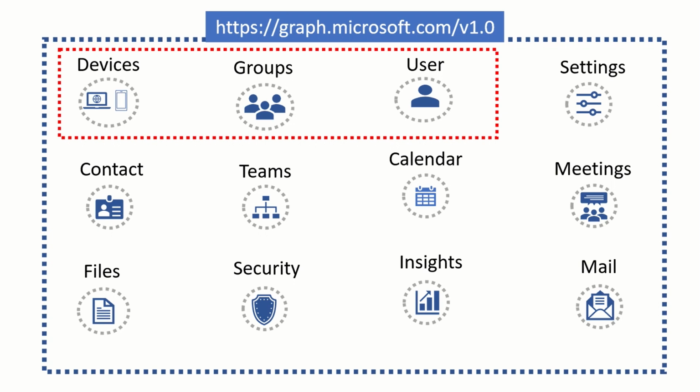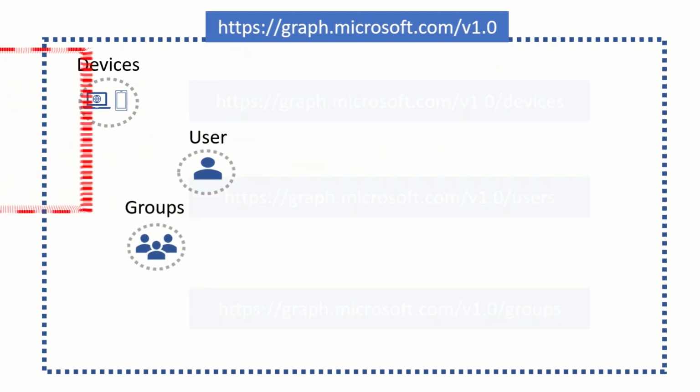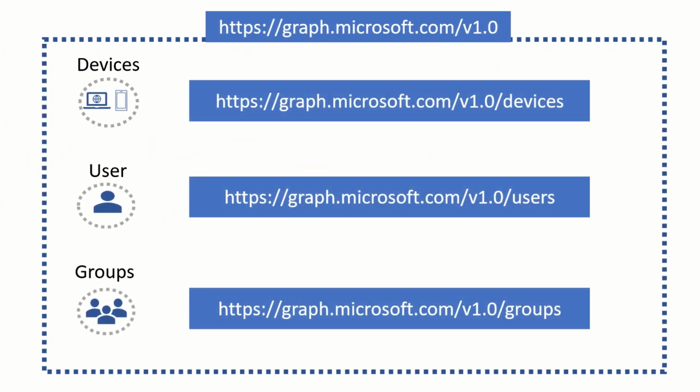As I've said before, your request should land on this particular interface, and then you should know the address where you have to reach. Okay. So let's say it could be devices at the end to access device information, it could be users at the end to access user information, and it could be groups to access group information, right?